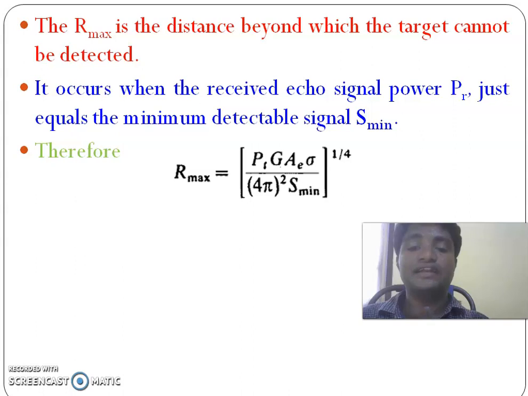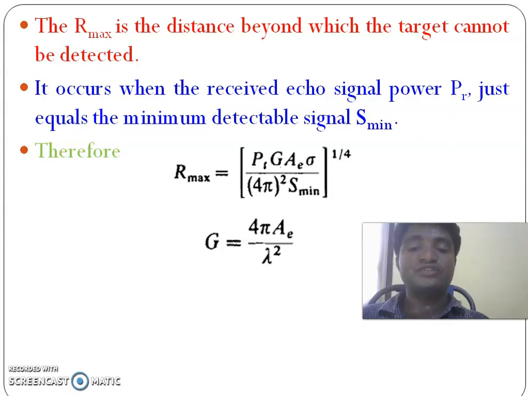It indicates how radar range varies according to the transmitter power, gain of the antenna, effective area and radar cross section. From the basics of antenna theory, we know that gain G equal to 4 pi AE by lambda square.